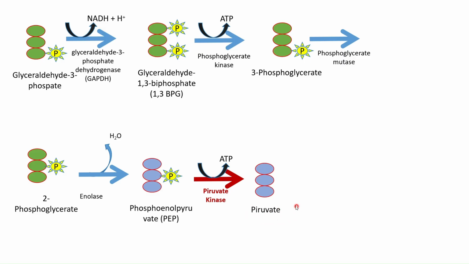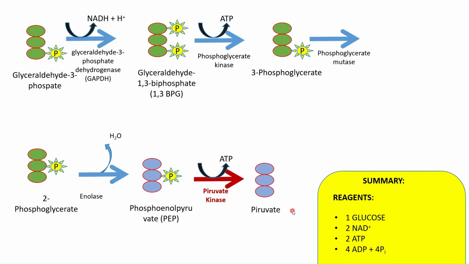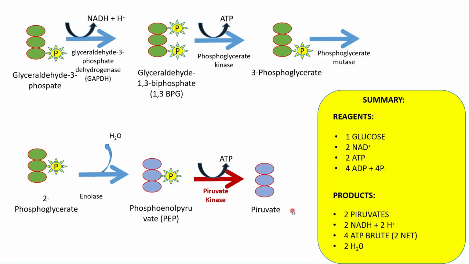And this is pyruvate. So this is our final product in here. So to summarize, we are now actually answering the questions that we asked ourselves at the beginning of this presentation. The reagents: 1 molecule of glucose, 2 NAD oxidized, 2 molecules of ATP, 4 molecules of ADP plus inorganic phosphate, which is this.